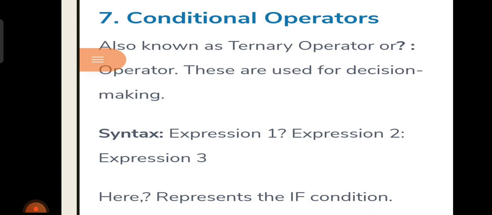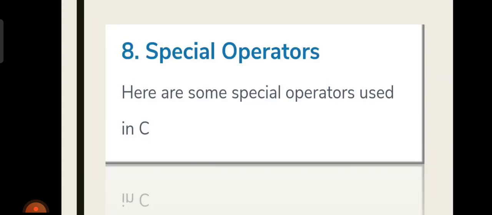Then conditional operators, also known as the ternary operator. These are used for decision making. The syntax for conditional operators is expression 1 ? expression 2 : expression 3. Here expression 1 represents the if condition. Next, special operators. Here are some special operators used in C.